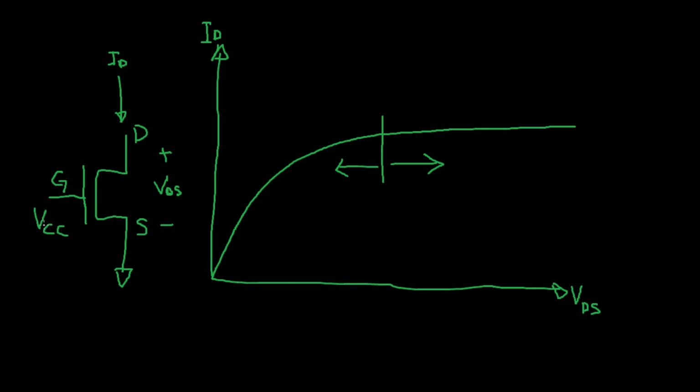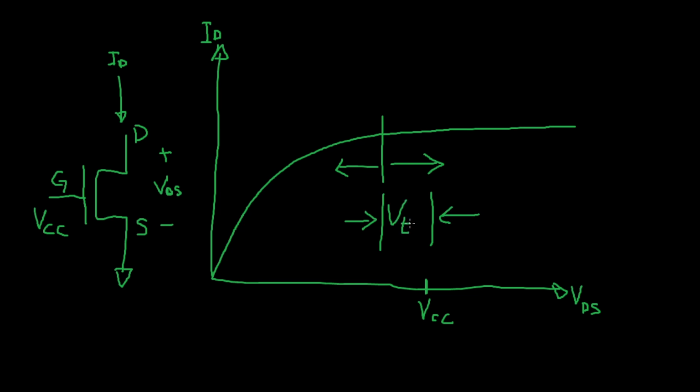Now, the value of VCC will be one threshold above this transition. So this is VCC, and from here to here is going to be the threshold of the device.